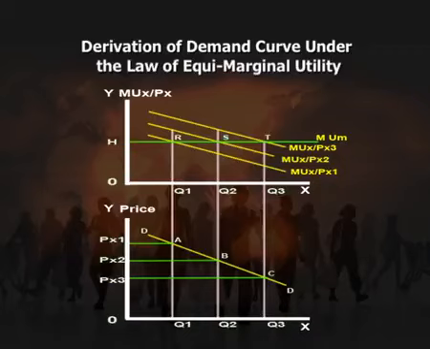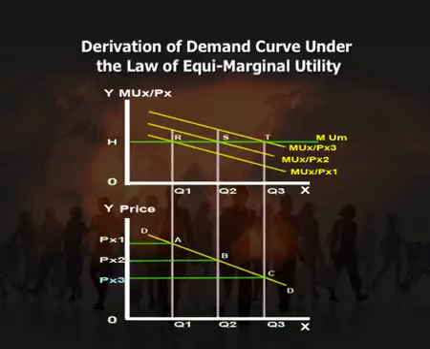Point S on their intersection measures MU of money expenditure for quantity OQ2 of X. In the lower part of the diagram, a point B is marked at the intersection of the two perpendicular lines drawn through SQ2 and PX2, which is the second decisive mark for the derivation of the demand curve.